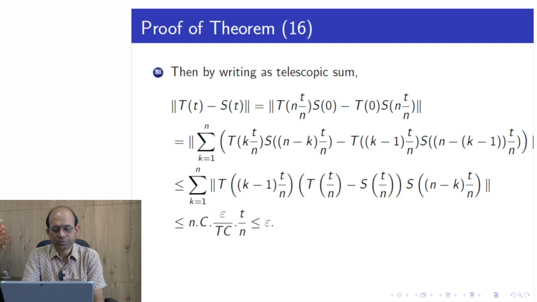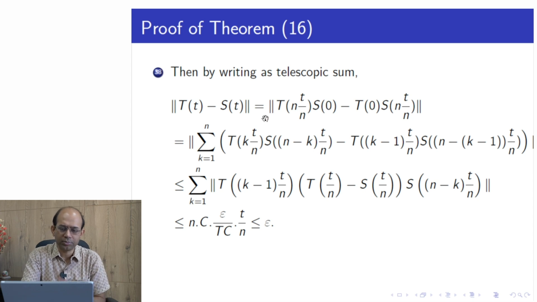So this thing is rewritten this way. Now this difference I would like to write down as a telescopic sum of many small differences. So we vary this with n minus 1, n minus 2, and so on, till n, this would be like 0, and here I would increase from 0 up to n times t by n.